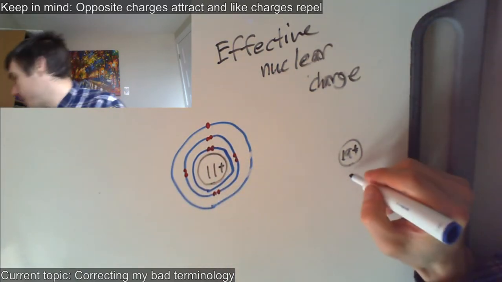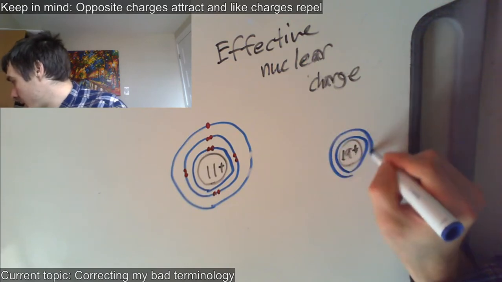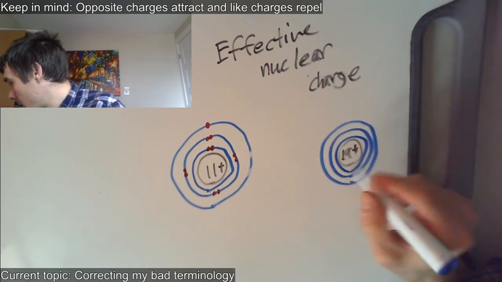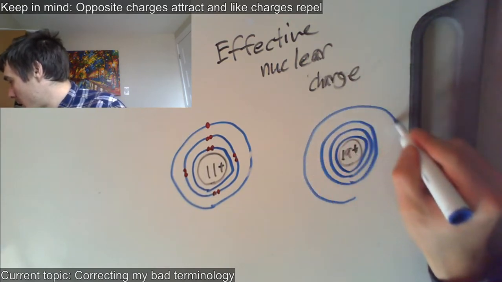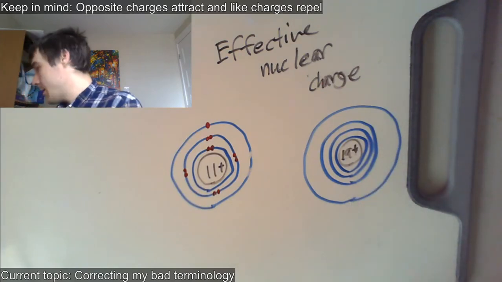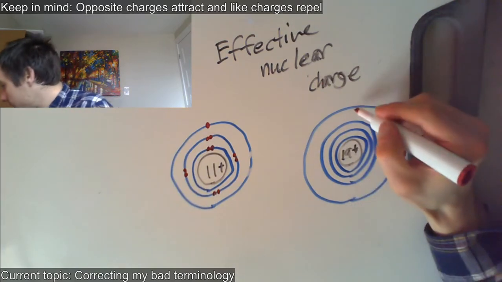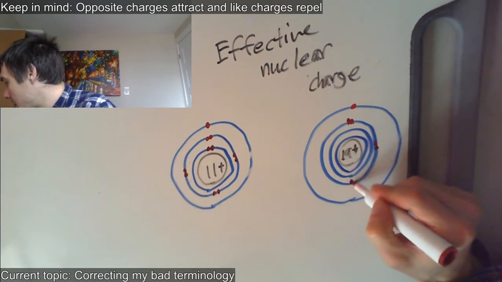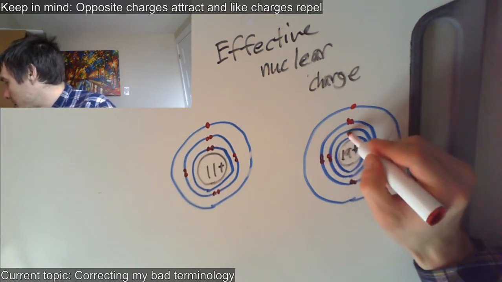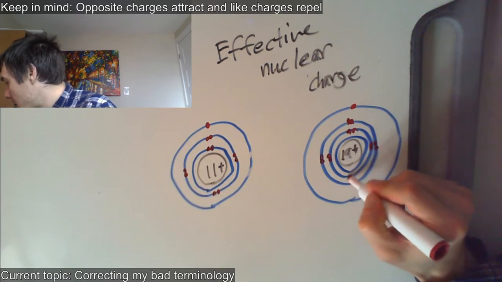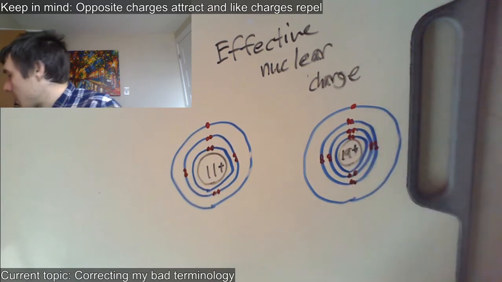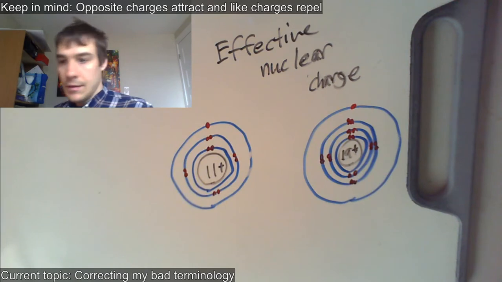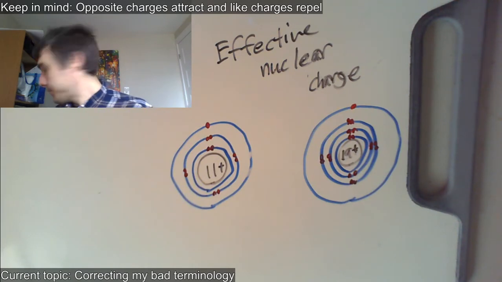Potassium has 4 shells, the same kind of setup, but potassium has more of them.